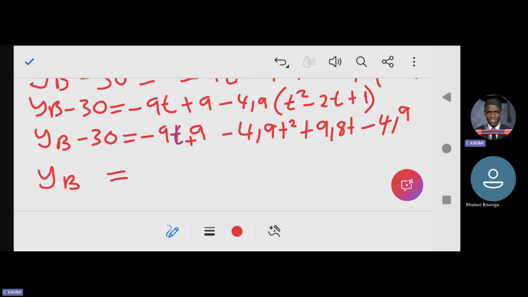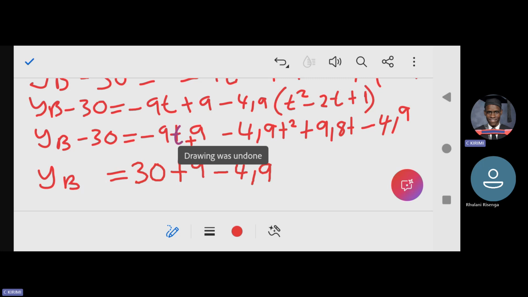So my yB is now going to be positive 30, minus 9. Then we check another number, minus 4.9. And then the t's. But remember, this one is a plus 9, so it's a plus 9 minus 4.9.